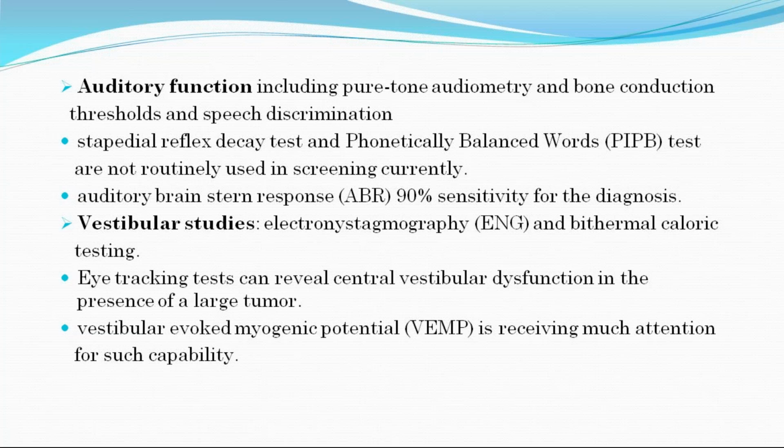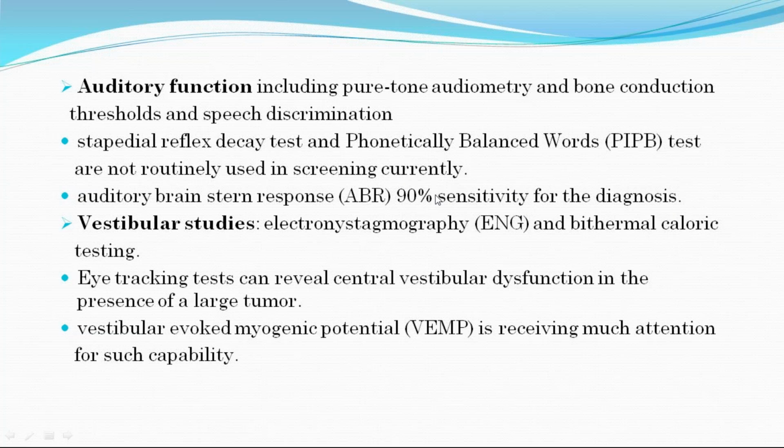So you have one on the size, one on the audiometry and speech discrimination score, and another on the word discrimination. So these 3 things are there to tell what type or which stage of acoustic neuroma tumor you are dealing with. Other things you can do is a BERA, that is auditory brain stem response audiometry, which has a 90% sensitivity for the diagnosis.